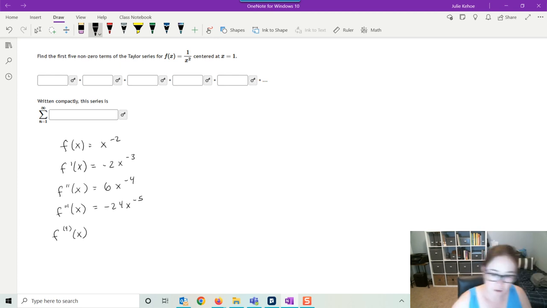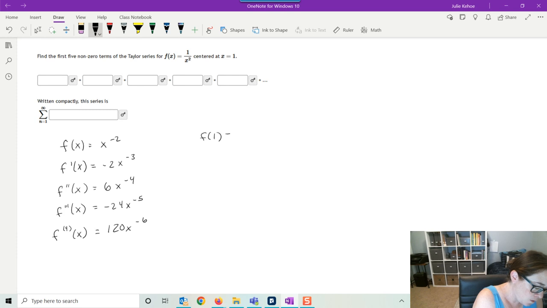So that would be the notation for the fourth derivative of x. And then that's going to be 120 x to the negative 6th. Okay, so I have 5 functions there, and just at a glance, if I plug 1 into these, none of them are going to give me 0, so I don't really have to go any further than this.